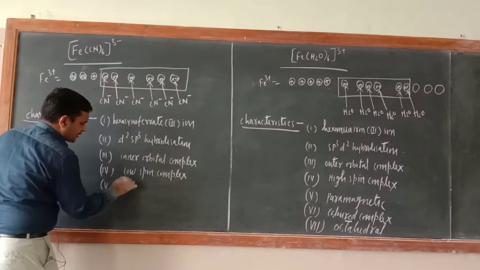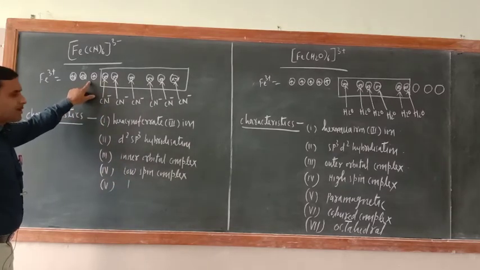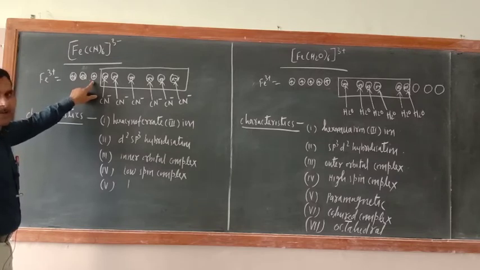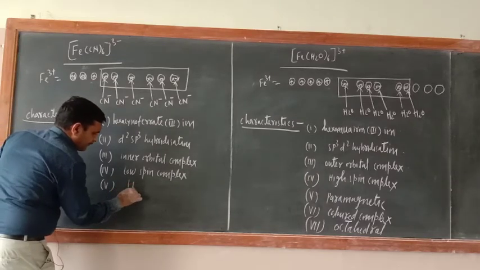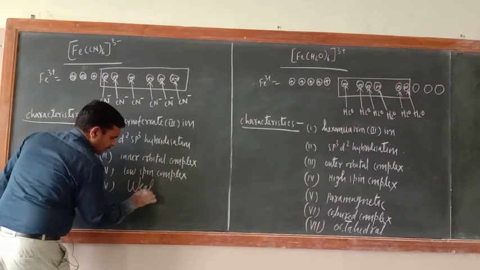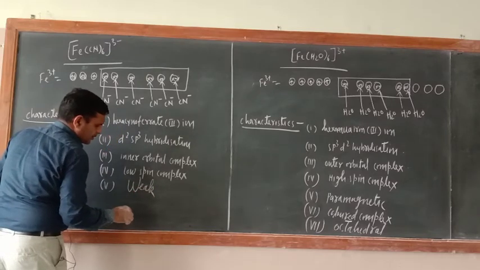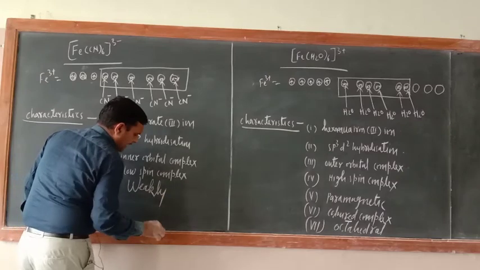Now just see, actually one unpaired electron is there. Okay, so you can't write diamagnetic. This is weakly paramagnetic. Here you should write weakly paramagnetic.